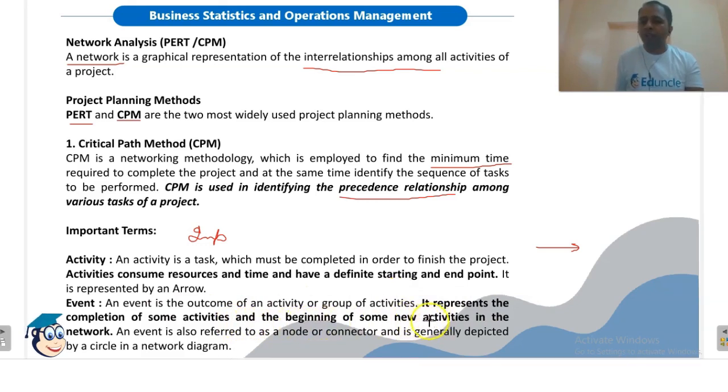So every event will be the finish of some activity or more than one activity and will be the beginning of one or more than one activities. An event is also referred to as a node or a connector and is generally depicted by a circle. So we represent an event by a circle like this.